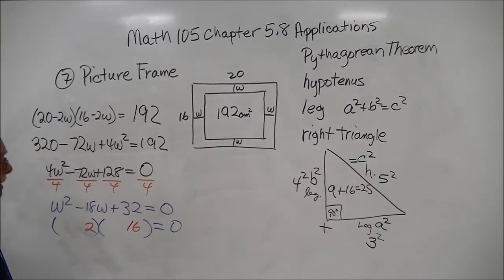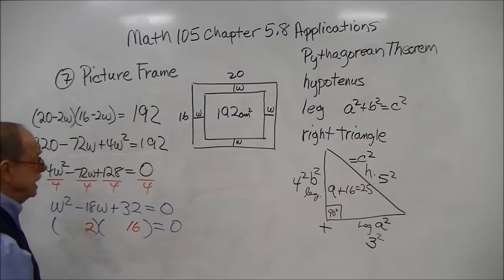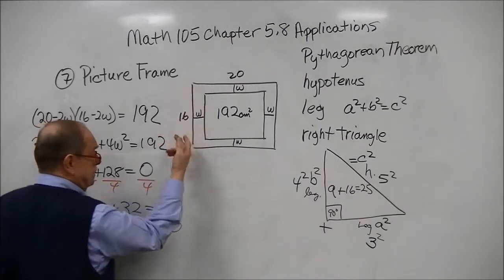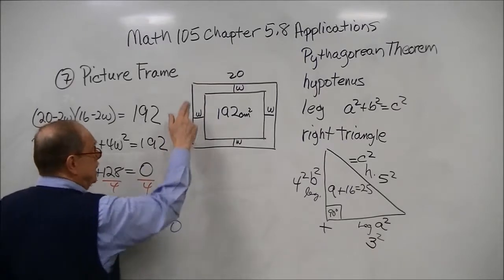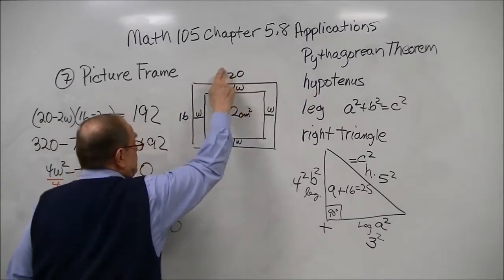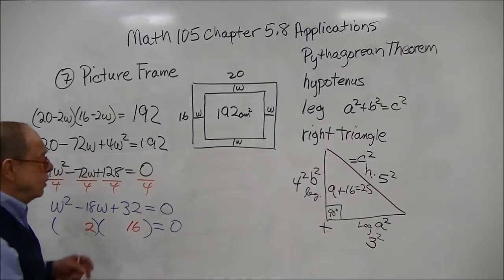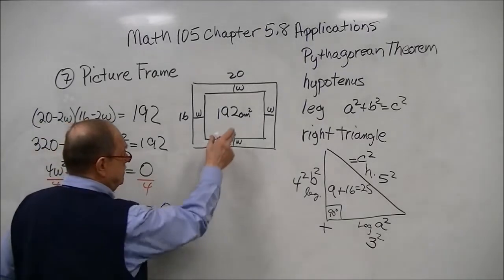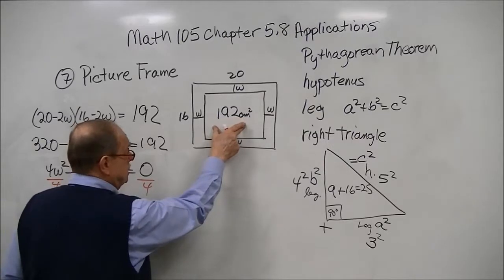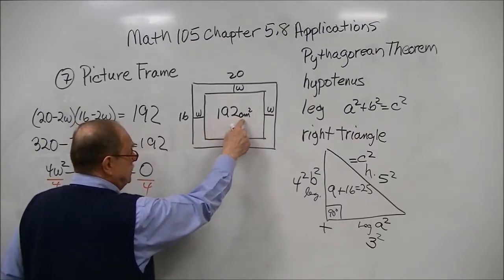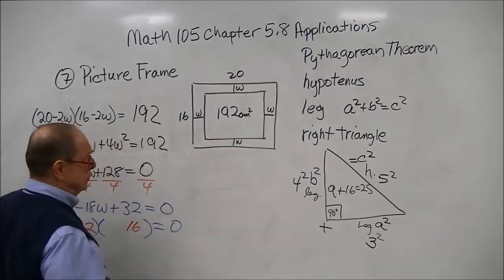It said this picture frame has dimensions of 16 centimeters by 20 centimeters. So I put that there. It said now within that picture frame was a picture that had the area of 192 square centimeters.